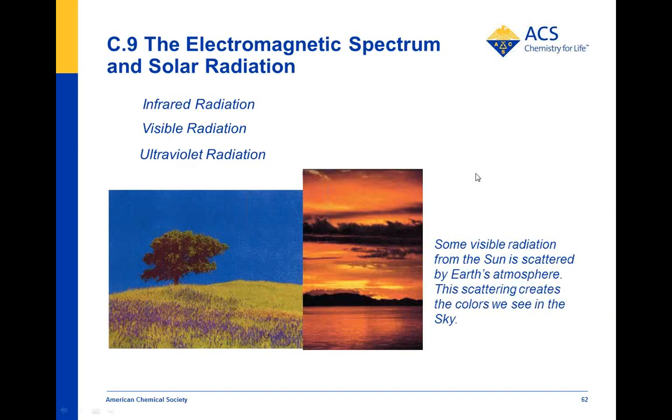And then we go on more with the electromagnetic spectrum and solar radiation, and I always, because we're all girls, weave in tanning to this. It's just part of the lesson.